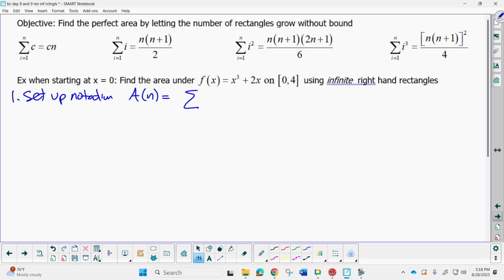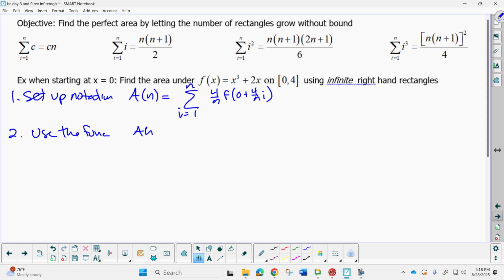Okay, so our delta x is 4 over n. The function is 0 plus 4 over n i times. If you didn't write the 0, I'm fine with it. If I do right-hand rectangles, it'll go from 1 to n. Now, in terms of getting towards fleshing this out, we're now going to use the function given.